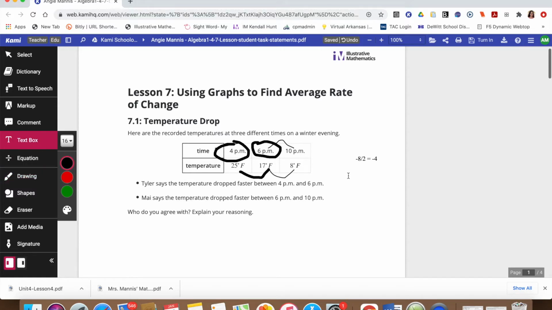So if we calculate that and say negative 9, because it's decreasing 9 degrees, divided by 4, that's going to give us negative 2.25. So looking at this, you can see that Tyler was correct because it dropped 4 degrees each hour, and from 6 to 10, it only drops 2.25 degrees each hour. So Tyler is correct there.